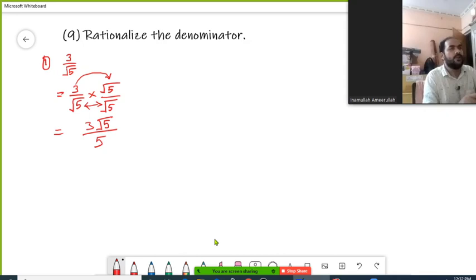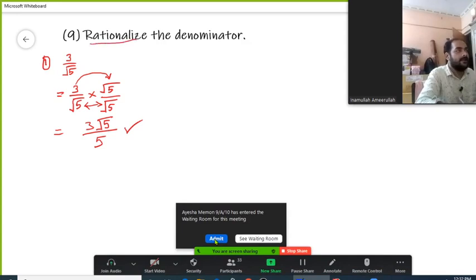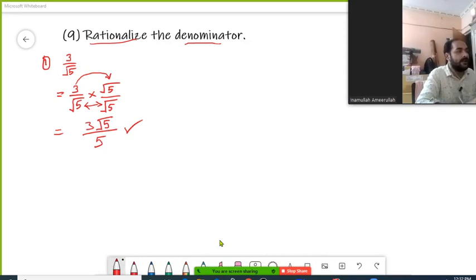Now you can see the result is also a fraction, and our target was to rationalize the denominator. Now you can observe your denominator is a natural number, which is 5. But previously it was root 5, which is a surd. So there was some complexity in the denominator in the original fraction.